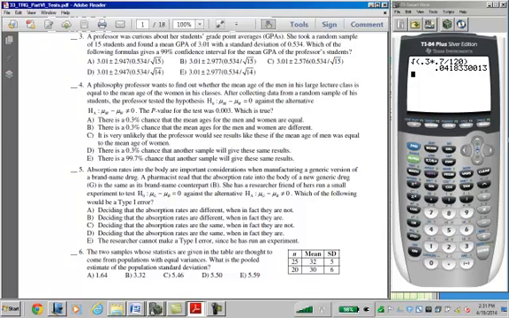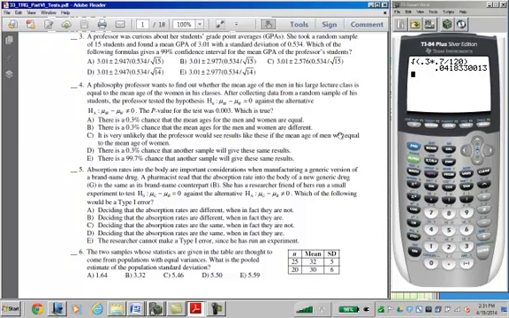The null hypothesis is that the mean age of men is equal to the mean age of women. That's the "if." With a p-value of 0.003, it is very unlikely that the sample statistics would occur if the null hypothesis were true.